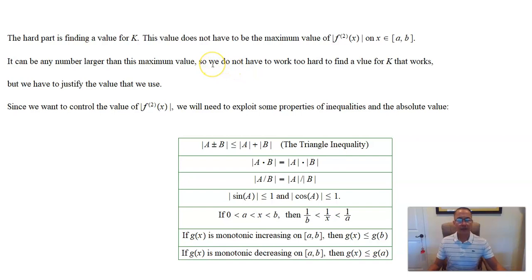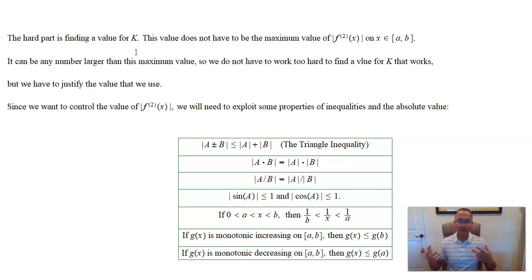So obviously, the hard part about applying the formula that we just saw is finding this positive number k. Usually, in a first semester calculus course, you remember the extreme value theorem, where we look for the maximum and the minimum value of a function on a closed interval if your function is continuous. That's always possible.